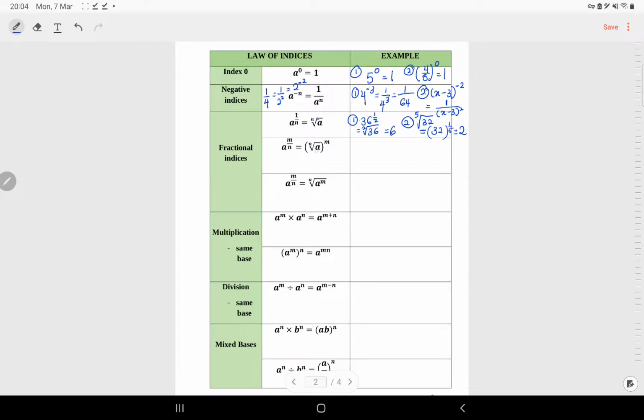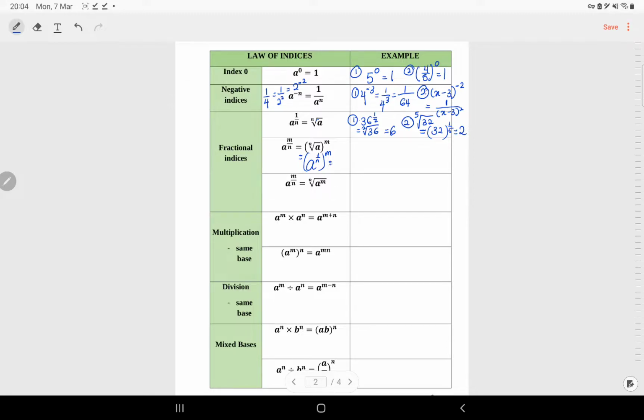Simplify it using laws of indices. Root n of a is equal to a to the power 1 over n. Then the whole thing is raised to the power m.